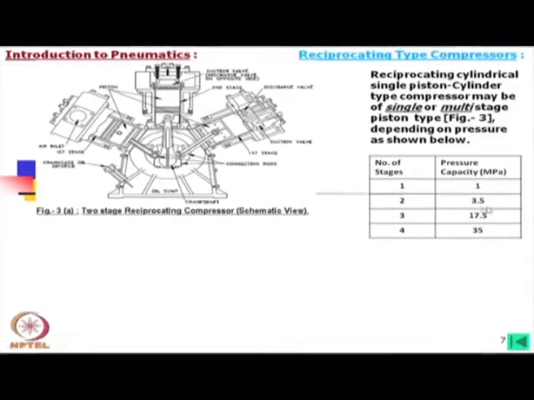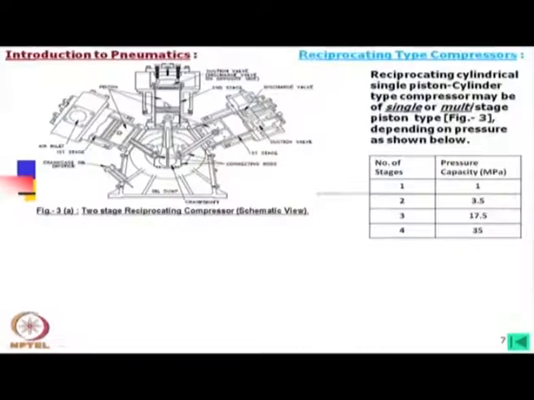Say, for example, for two stage with 3.5, probably it is raised up to 1.5 only. Then that total compressed air, now that its volume has reduced, a single piston can pressurize that amount of air further to 3.5, and that is the second stage piston cylinder. Now, the other details you can study on your own from this figure.